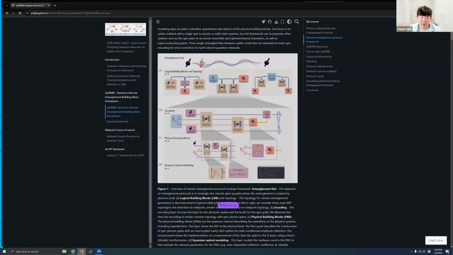For example, if Alice sends a photon and Bob sends a photon, Charlie detects one photon. But if Charlie detects only one photon, then we don't know. Alice doesn't know, Bob doesn't know, Charlie doesn't know. Nobody knows whether the photon is coming from Alice or Bob.